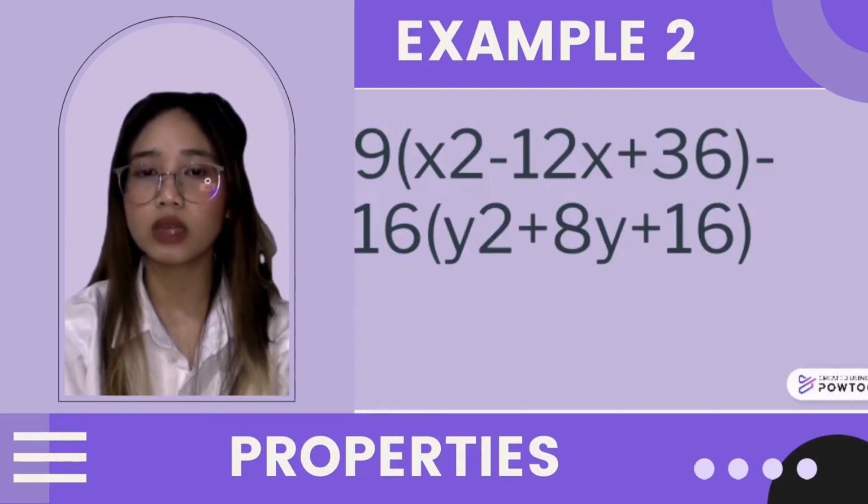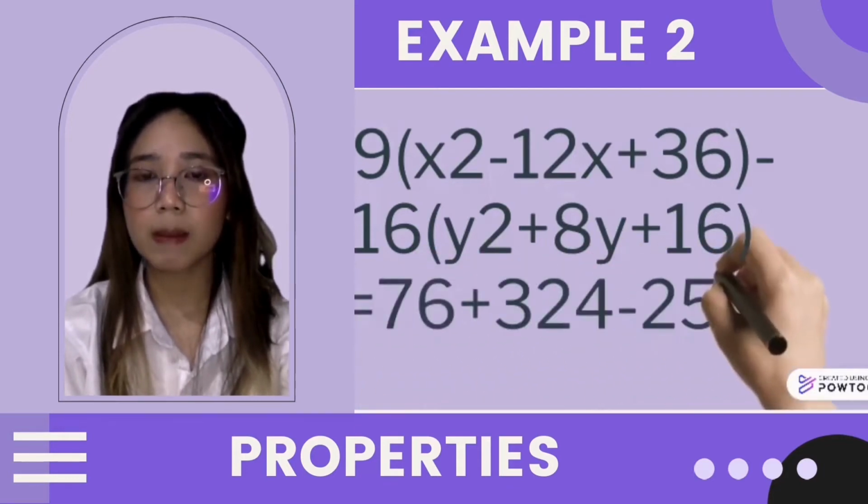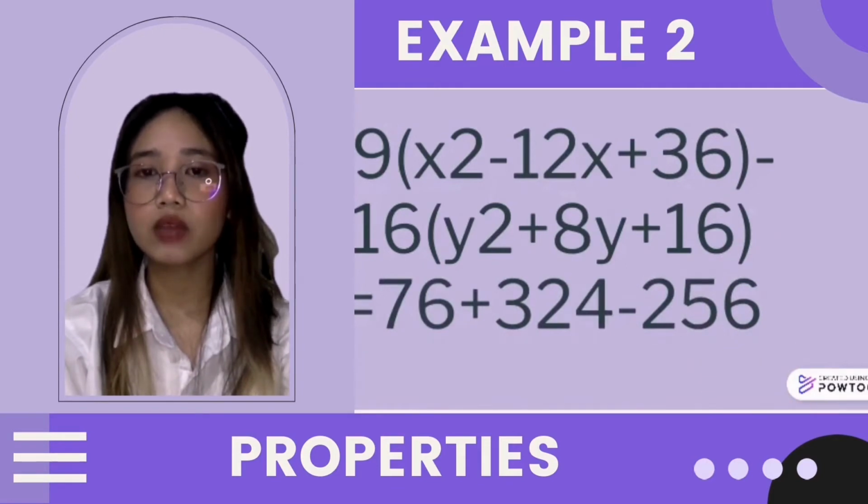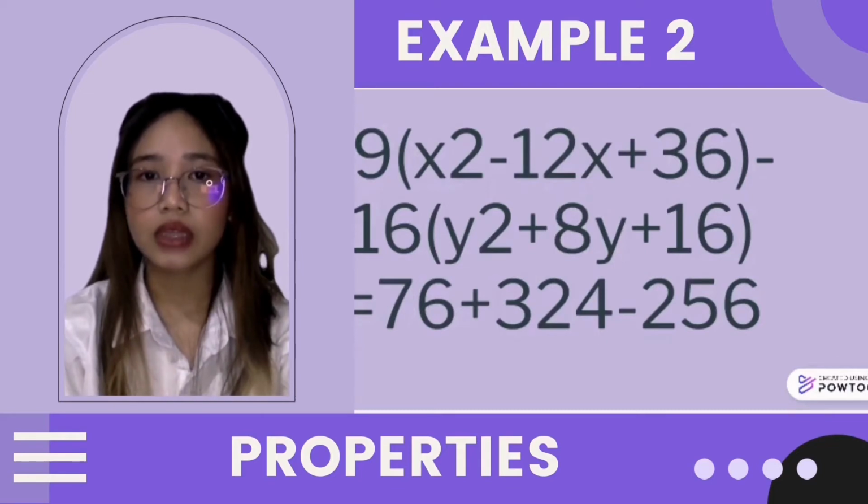Equals 76 plus 324. We get the 324 by 9 times 36, and then 16 times 16 is 256, so minus 256 because the 16 is negative and the other one is positive. So positive times negative is negative.